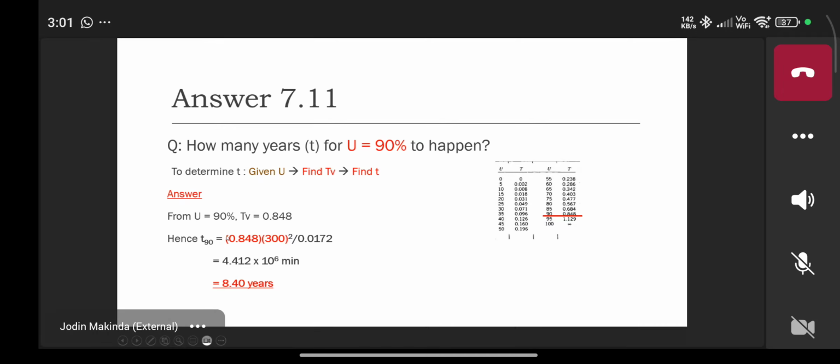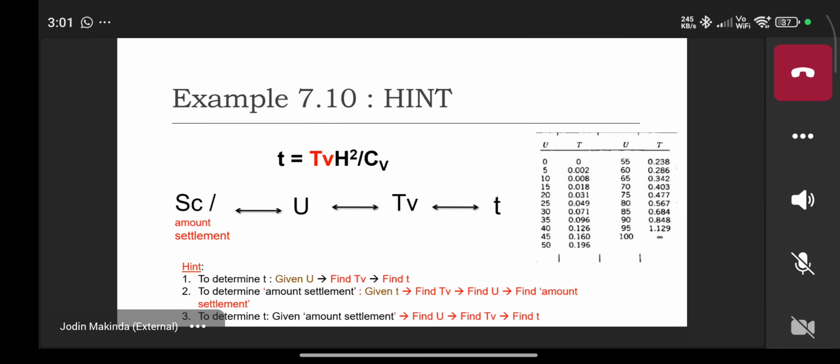Therefore, using the equation, I have the time factor, I have H, and I have the CV. I can calculate the T90, which is 8.40 years. So we know the direction. We must know the direction. You just follow the hint here.